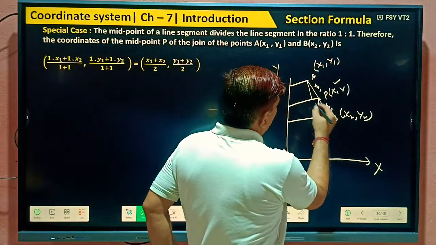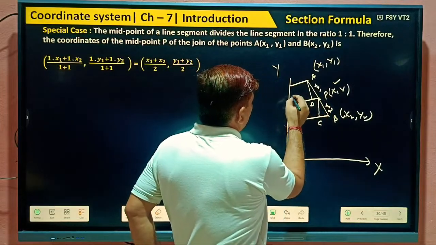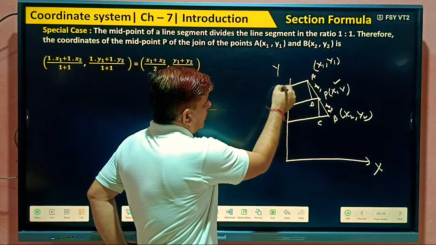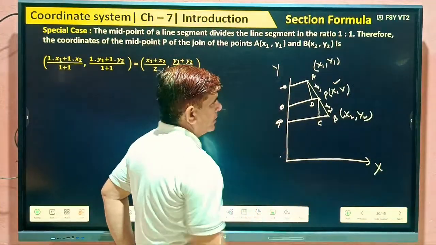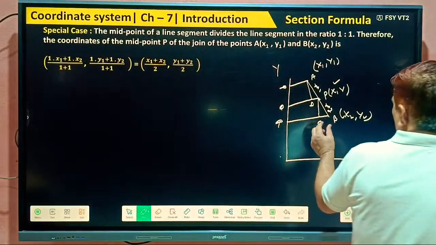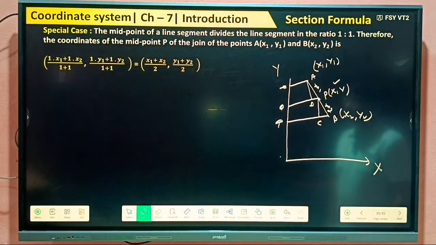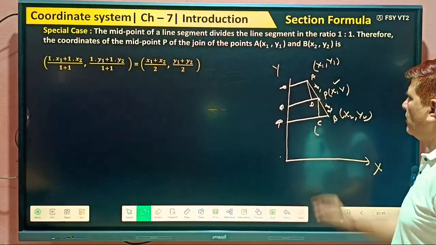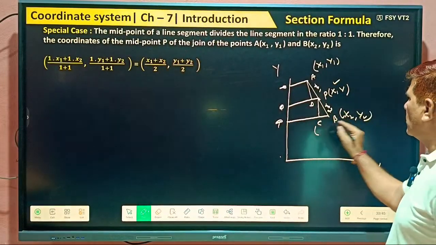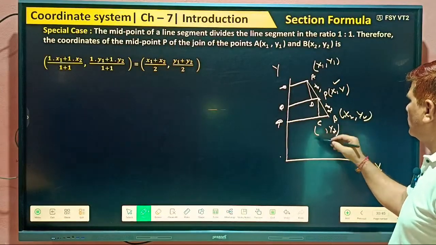Name these points: B, C, T, this is P, this is Q, this is R. Then again find out the coordinates of this point. Which one changes and which remains the same? This as it is, its distance from the x-axis remains the same, so this is y2.